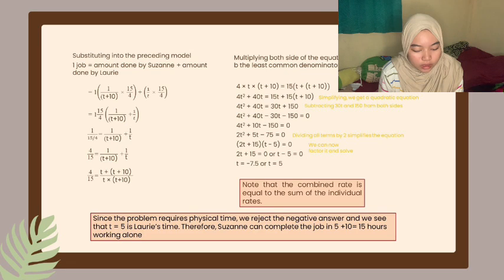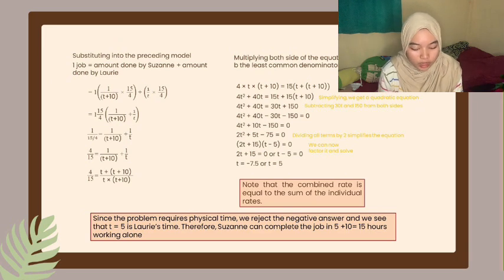Simplifying, we get a quadratic equation. 4T squared plus 40T equals 30T plus 150. 4T squared plus 40T minus 30T minus 150 equals 0. 4T squared plus 10T minus 150 equals 0.